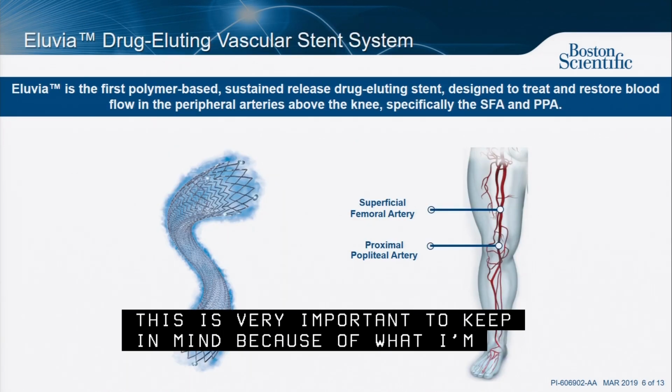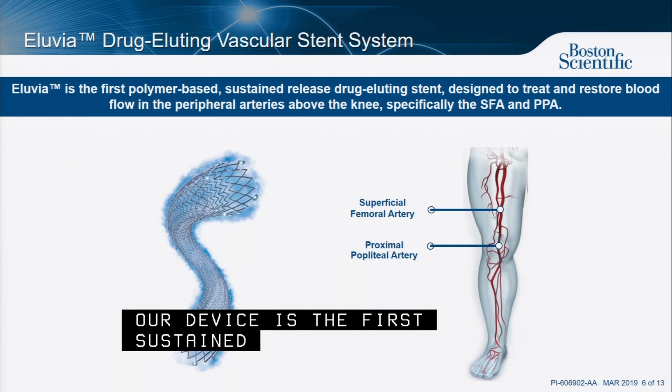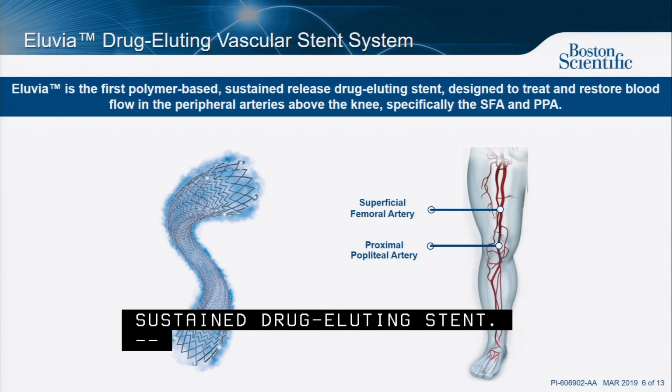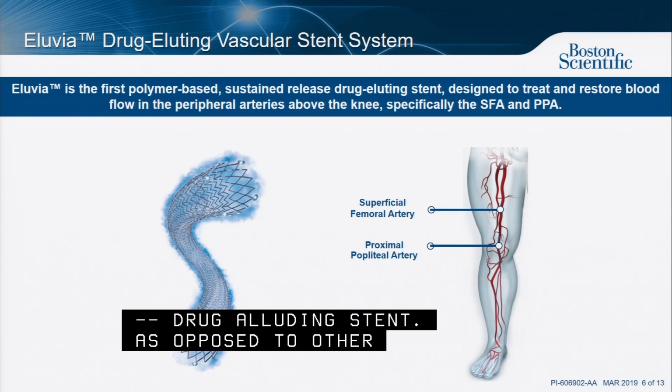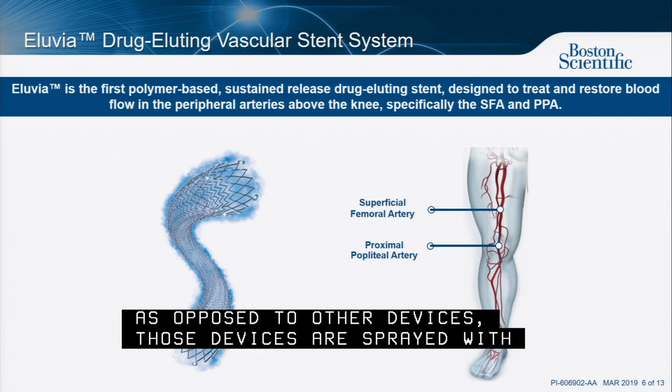Eluvia, which is the name of our device, is the first sustained release drug-eluting stent. As opposed to the other drug-based devices, drug-coated balloons or a drug-coated stent, those devices are sprayed with the drug. This is a more complex formulation. We add a polymer.